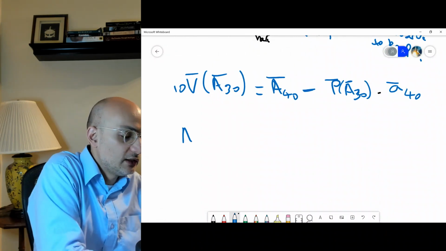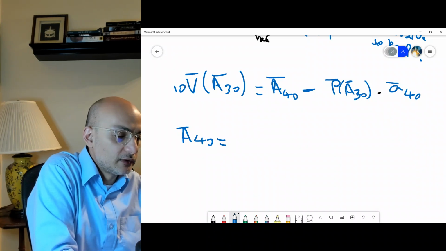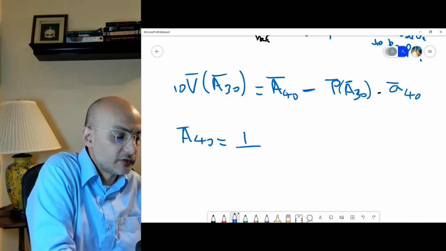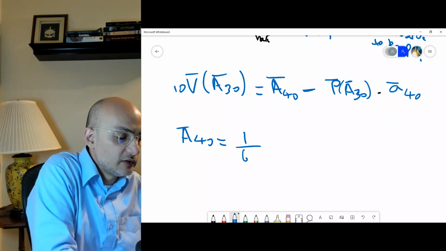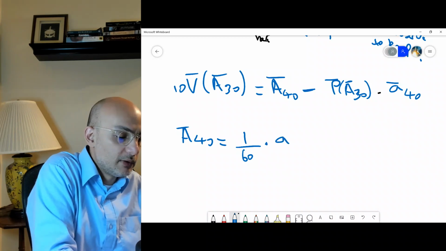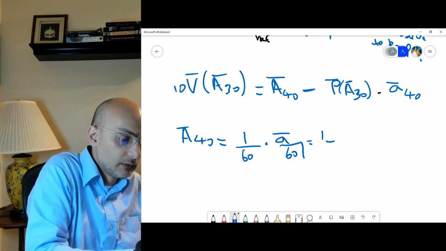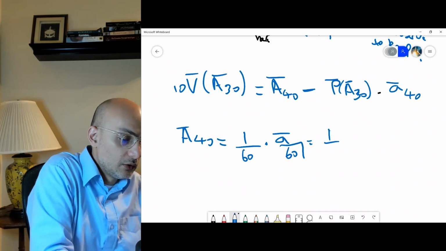So let's calculate A_40. How do we calculate A_40? For the insurance, remember it's 1 over omega minus the age, at age 40 that is 60, 100 minus 40, multiplied by the annuity certain for 60 years, which is 1 over 60 multiplied by 1 minus e to the minus delta times 60.